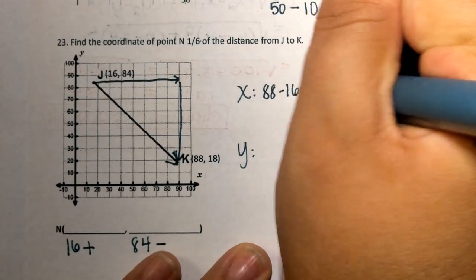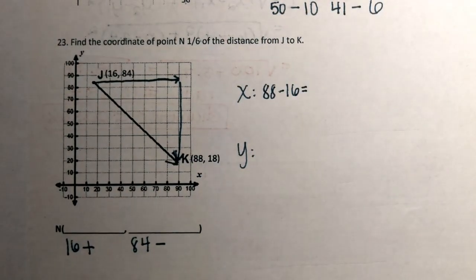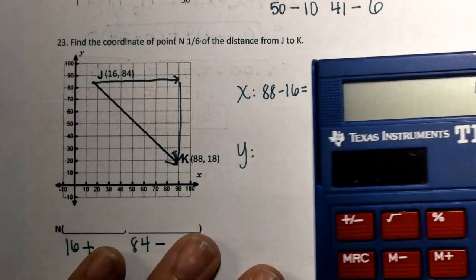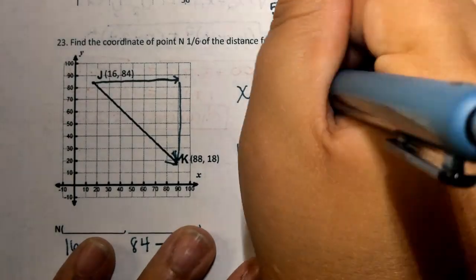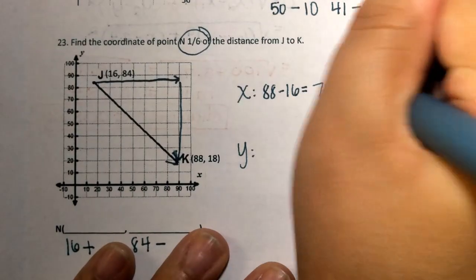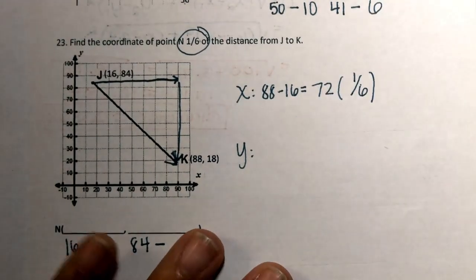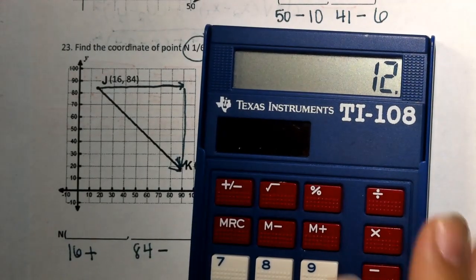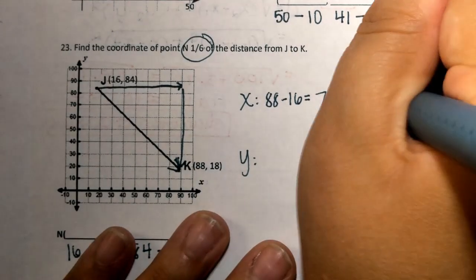What's 88 minus 16? Use that baby calculator. 88 minus 16 is 72. And then how far do I want to go? 1/6. So 72 times 1/6 is 12.